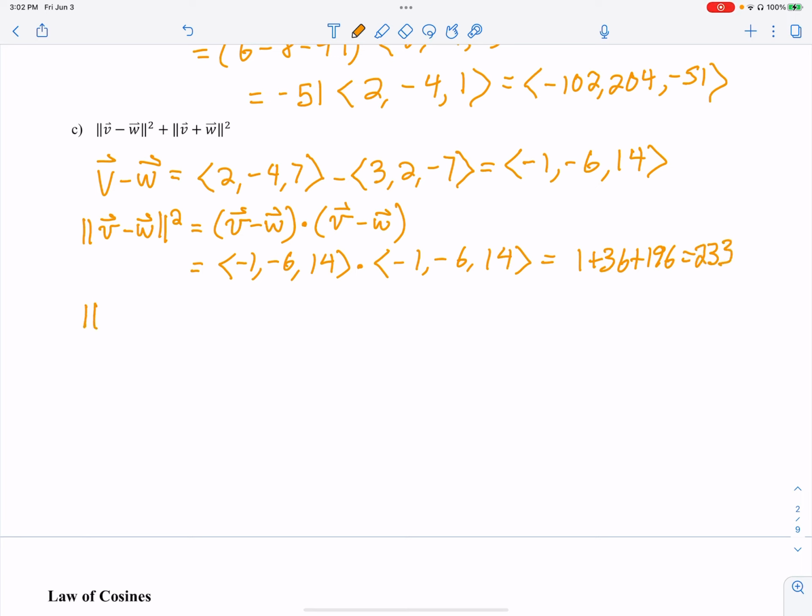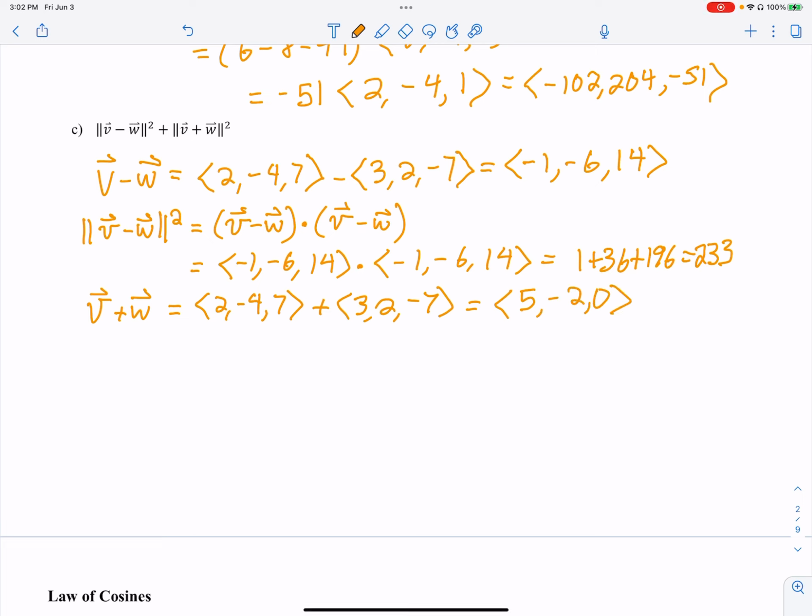That was the first one. I'm going to do the second one now. So we need V plus W. That is 2, negative 4, 7, plus 3, 2, negative 7. I add these together and get 5, negative 2, 0. Now I do the magnitude squared.